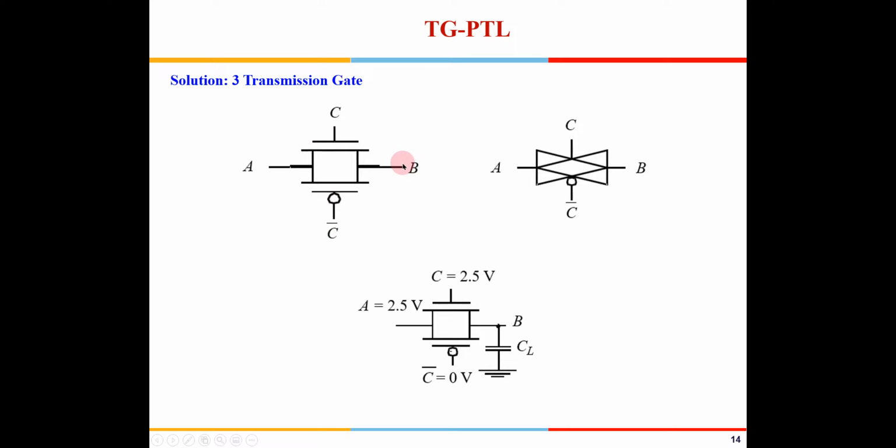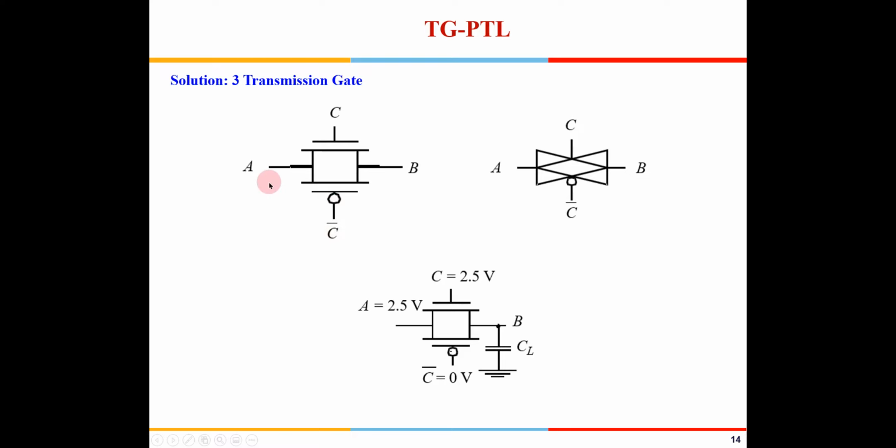The output voltage available here will be rail to rail. The only thing is the control signals will be complementary. Suppose I want this switch to be switched on for C equal to 1. Then in the PMOS I need to give C bar.